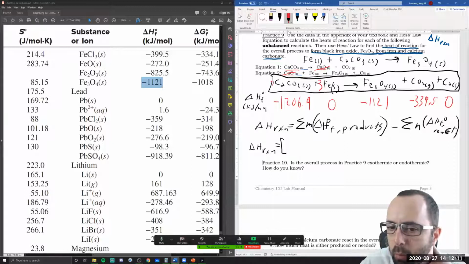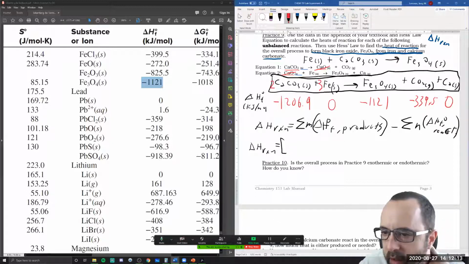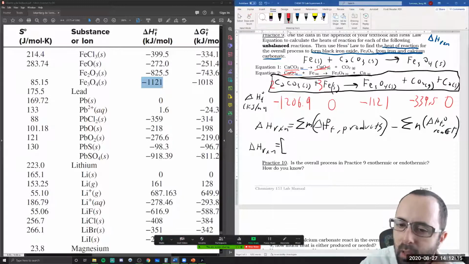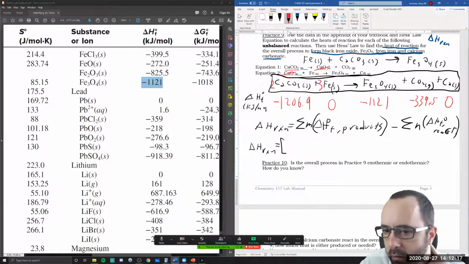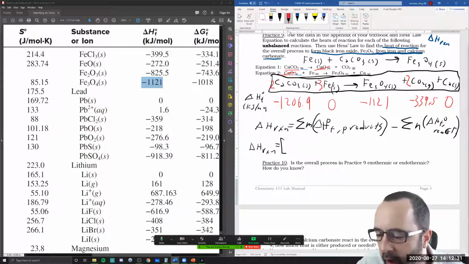If we put a 2 here, that would balance our oxygens. But then our calciums and our carbons are going to be off. So we're going to end up doing a little bit of erasing here. If we count our carbons, we got 2 here, but we've only got 1 here on the right. So if we put a 2 here, then that throws our oxygens off again.